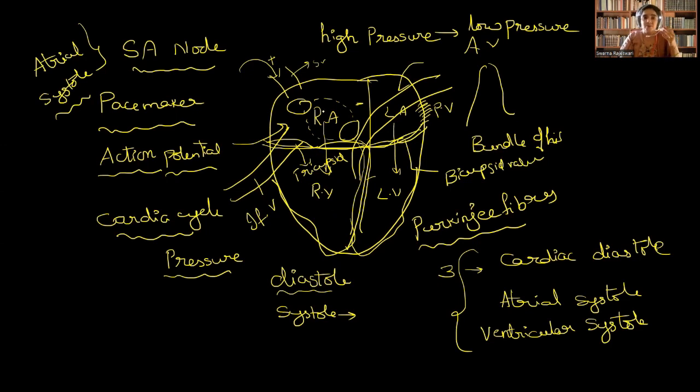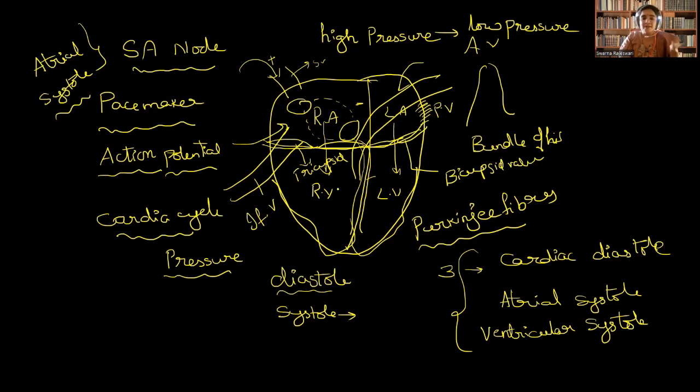So the impure blood present in the right auricle is sent to the right ventricle, and the pure blood present in the left auricle is sent to the left ventricle. Now the ventricles are filled with blood. The right ventricle is filled with impure blood. The left ventricle is filled with pure blood.